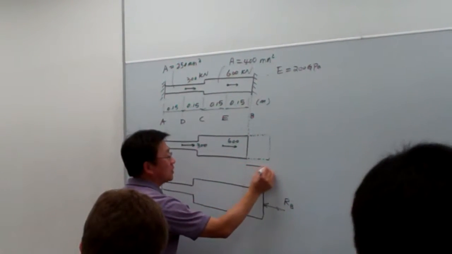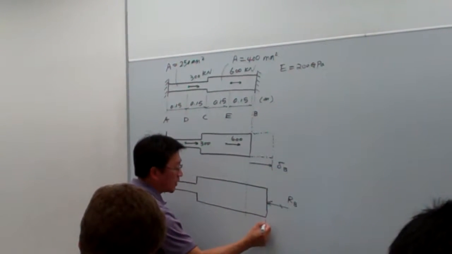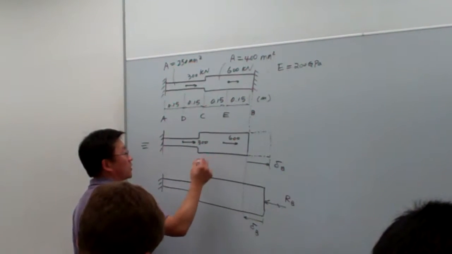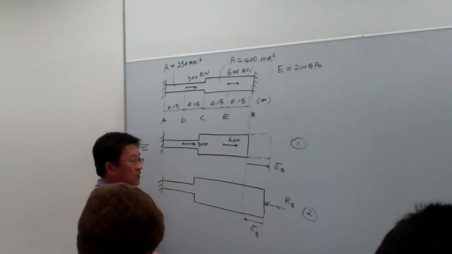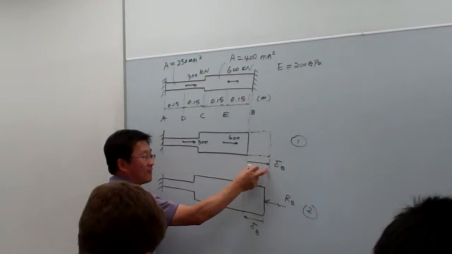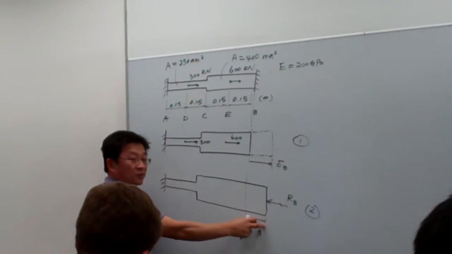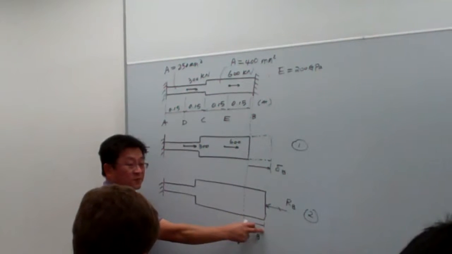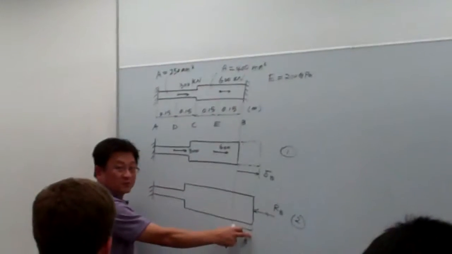So that means this amount, delta B, must be equal to this amount, delta B. And here, this is our subsystem 1. This is our subsystem 2. Again, translating to the equation, the amount here is equal to this one. That is our compatibility equation. We take it from our correct engineering observations.